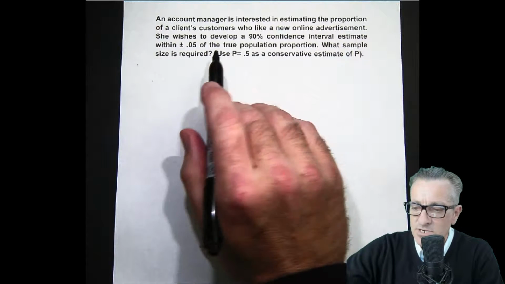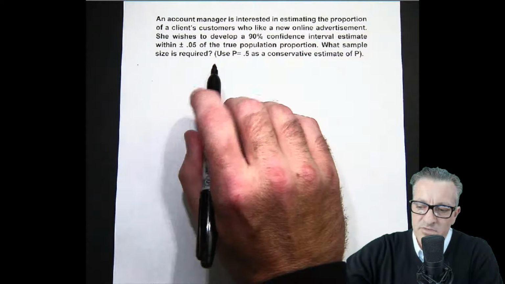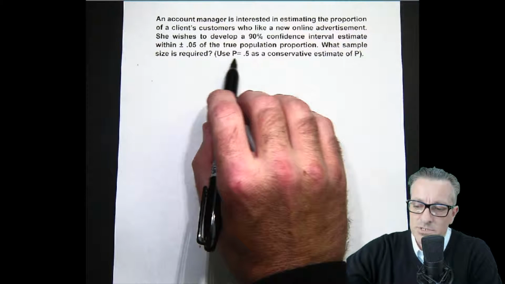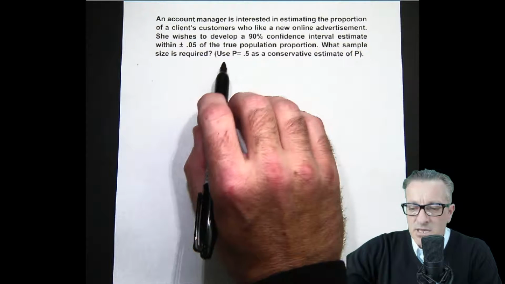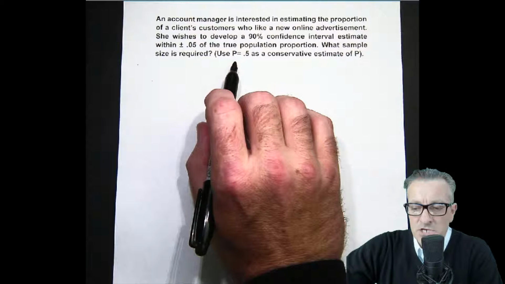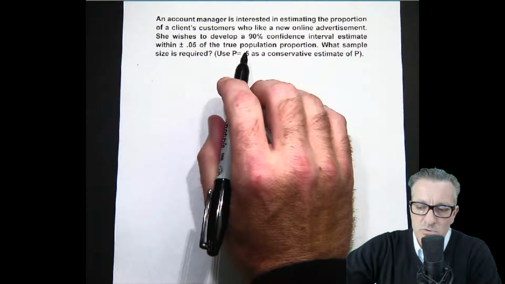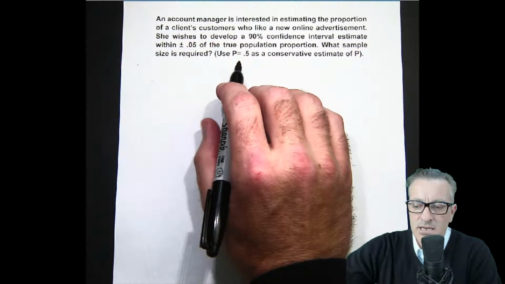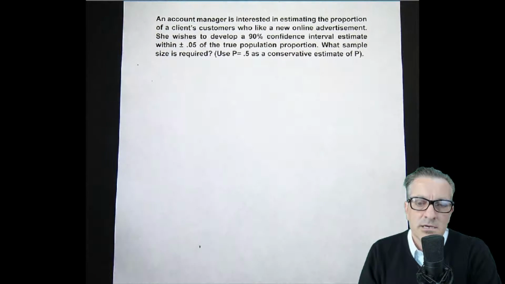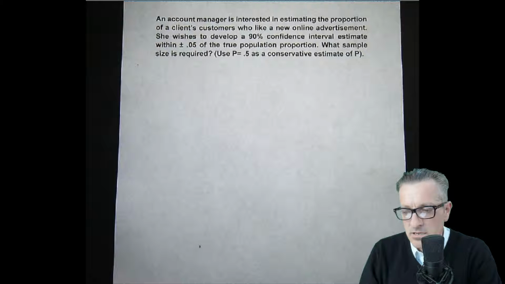Now, in this case, there's two alternatives for what our p-value is going to be, and that's because we don't have a population proportion already. You could do a study and get a sample to get that, and we're not going to do that.